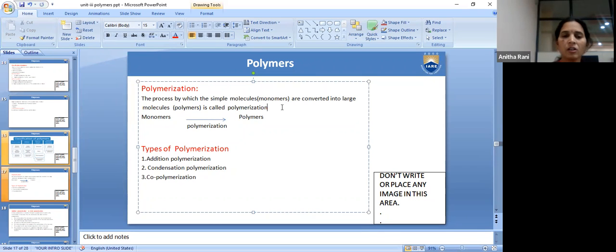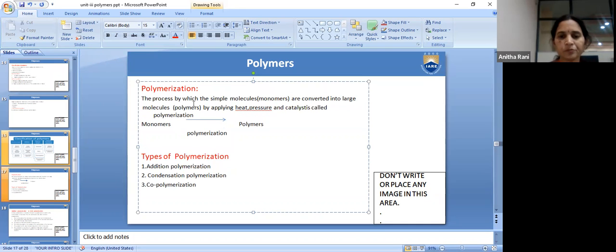Write one more sentence also: by applying heat, pressure and catalyst. This is important. What is polymerization? By applying heat, pressure and catalyst is called polymerization.